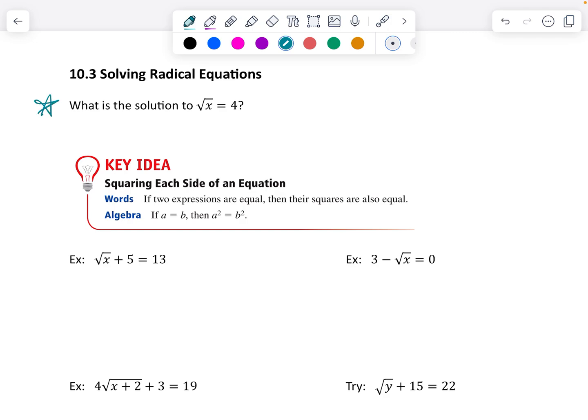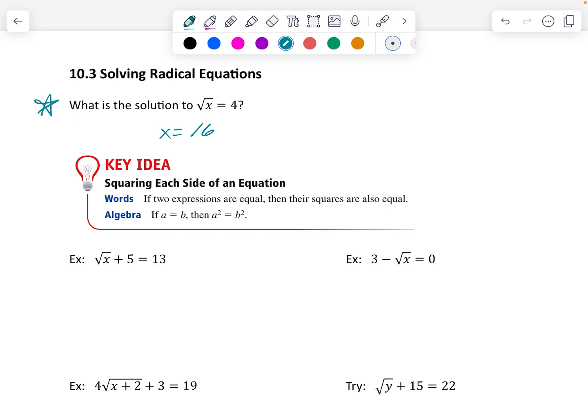What is the solution to this? So in other words, the square root of what number equals 4? I think we can all agree that would be 4 times 4, or 16.